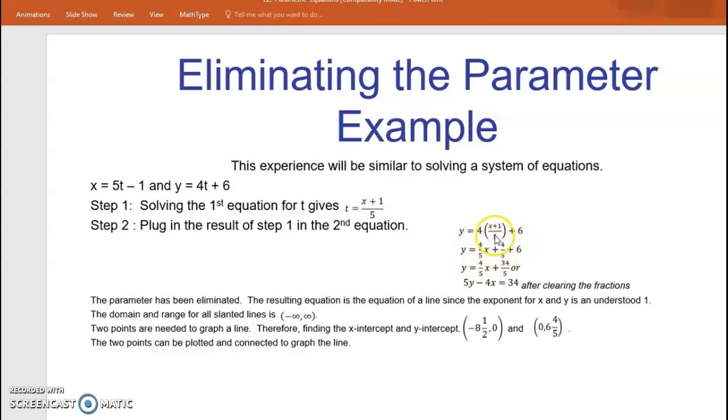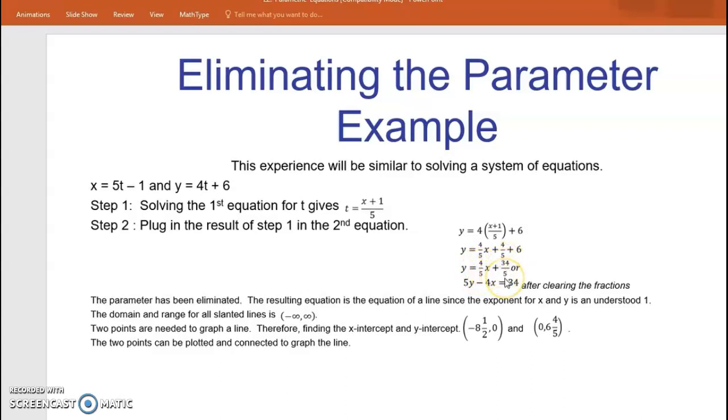Distributing and dividing the long fraction bar into its meaning, which is that both terms in the numerator share a denominator of 5. And lastly, combining the like terms of 4/5 plus 6, we get the equation y equals 4/5 x plus 34/5.